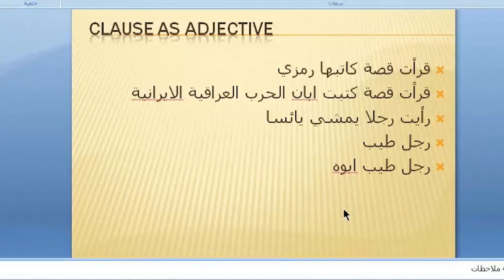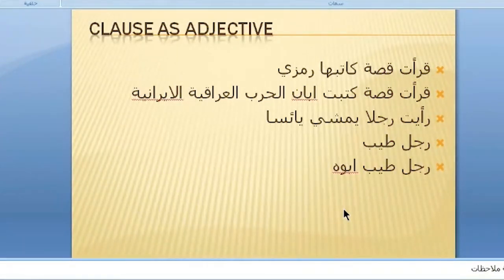Why? Because the adjective طيب directly refers to الرجل. This type of modification in Arabic they call it حقيقي, يعني real modification, or we can say direct modification.